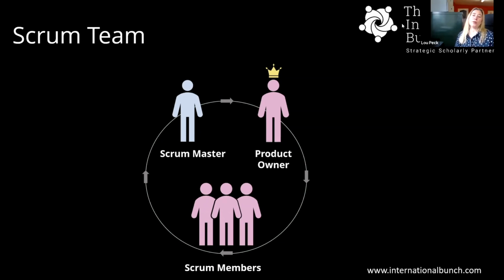A product owner may be someone who has a specific interest in that they own a specific project in the group. Or maybe if you're doing product marketing, this is where a product owner would play. Now, I've put a little crown on here because I'm symbolizing that that person is running their own project.